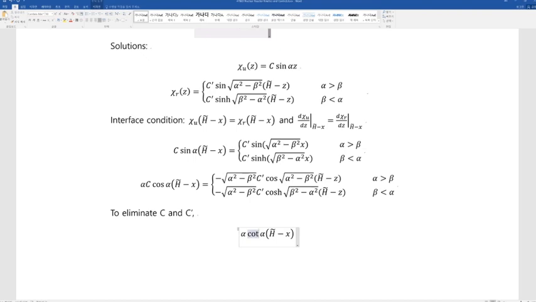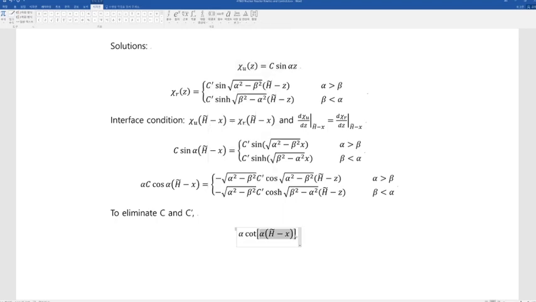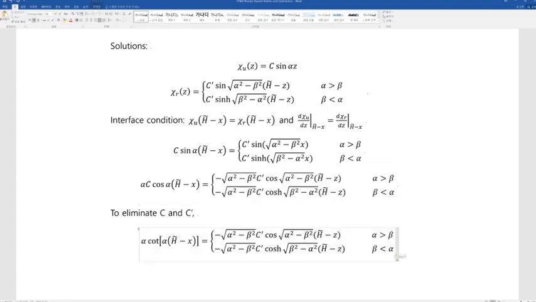And of course, in our textbook, to avoid confusion, it also placed a bracket here. In the right hand side, similarly, if we divide this, then of course still we are going to have a minus square root of alpha squared minus beta squared.